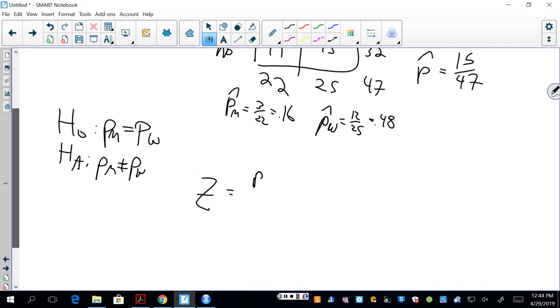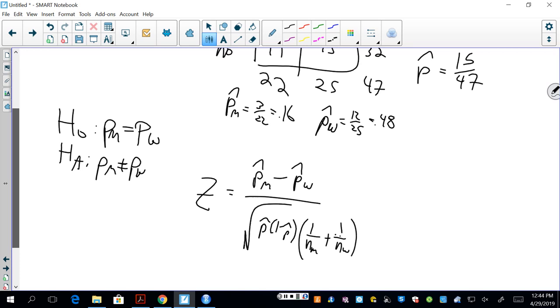We take the difference in these two rates and divide by a standard error. We have p hat times 1 minus p hat for the variance part, and then the two sample sizes: 1 over the number for the men plus 1 over the number for the women, square root of that.